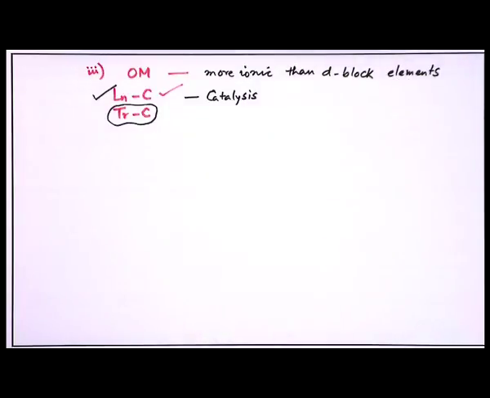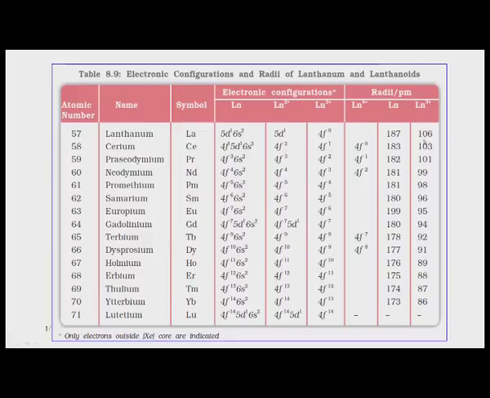So, what we see here therefore is that from left to right the size is decreasing. From lanthanum, which is 187 picometer, to ytterbium or lutetium, we go up to the point where the size decreases to 173 picometer.